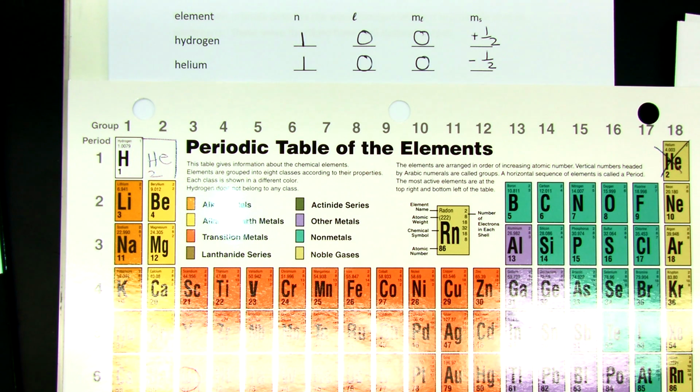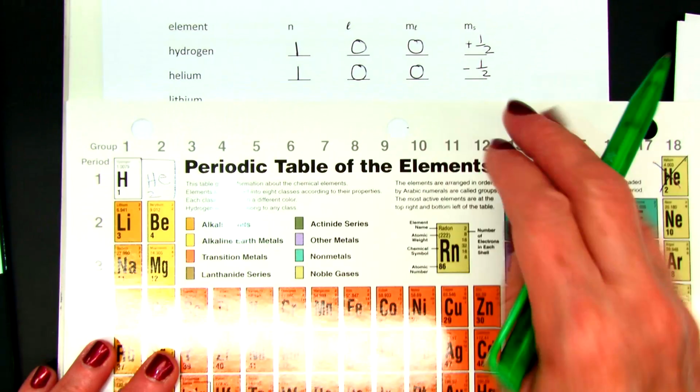I live on Scenic Drive in that subdivision at the corner of Hospital and McCarty. So that's M sub L. Which orbital? Then M sub S is the house number. So M sub S is a spin, and that narrows it down. If I tell you my house number, now you know exactly where I live because there are lots of houses on Scenic Drive. And so it's just like the electron's address, and we narrow it down the more quantum numbers we know.